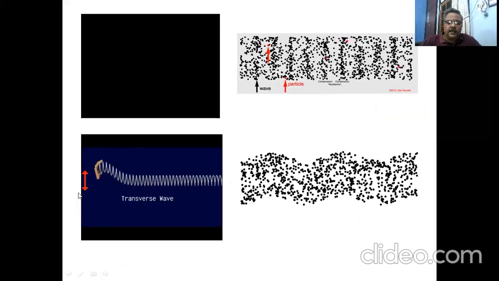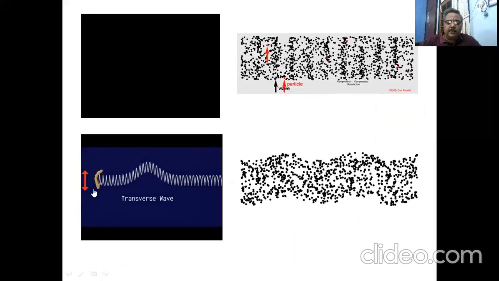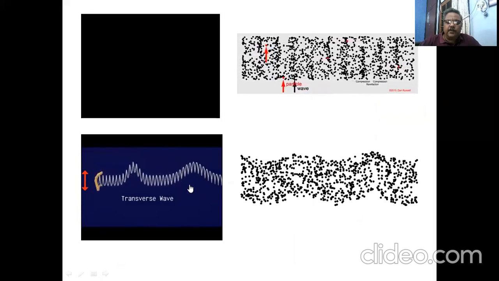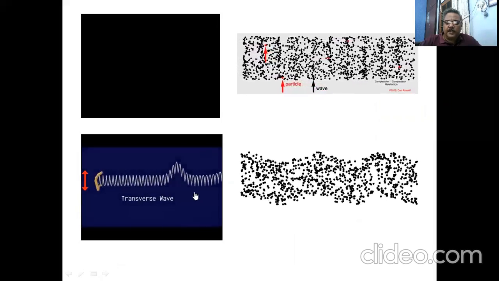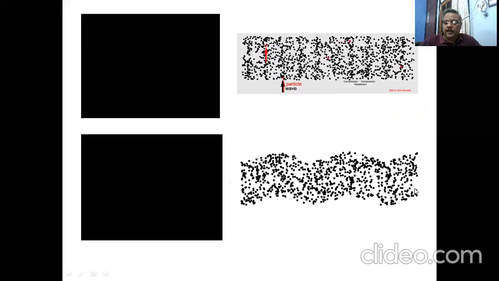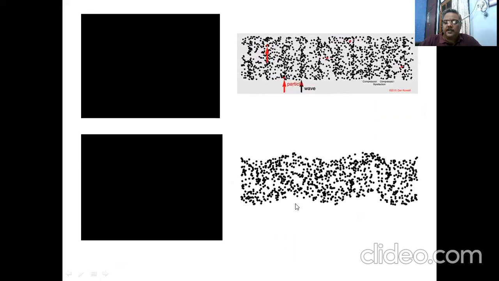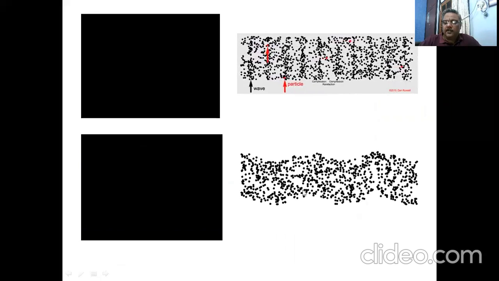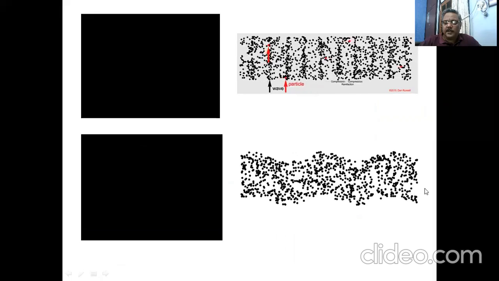Notice this. If we move the hand up and down, that is in a direction perpendicular to the direction of propagation, the wave travels in this way. The vibrations are in the direction perpendicular to the direction of propagation, and the propagation is in that direction.